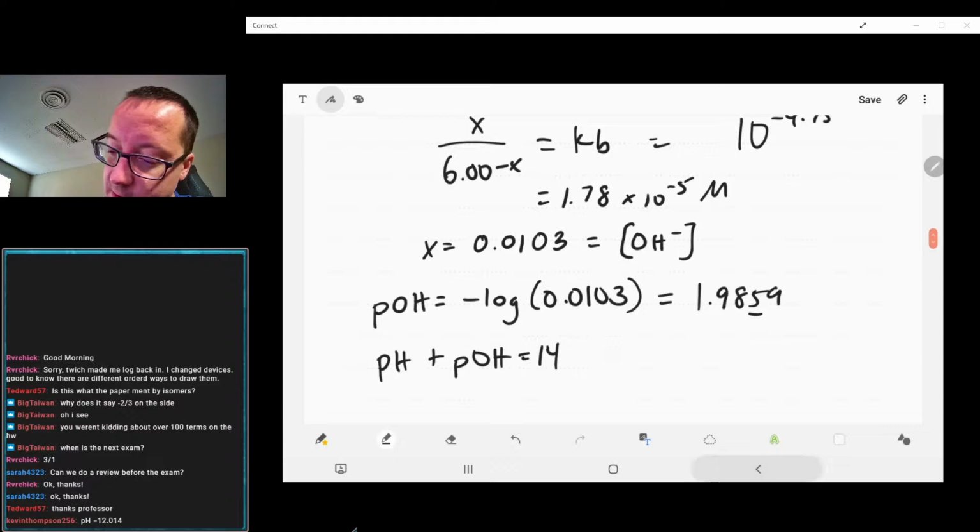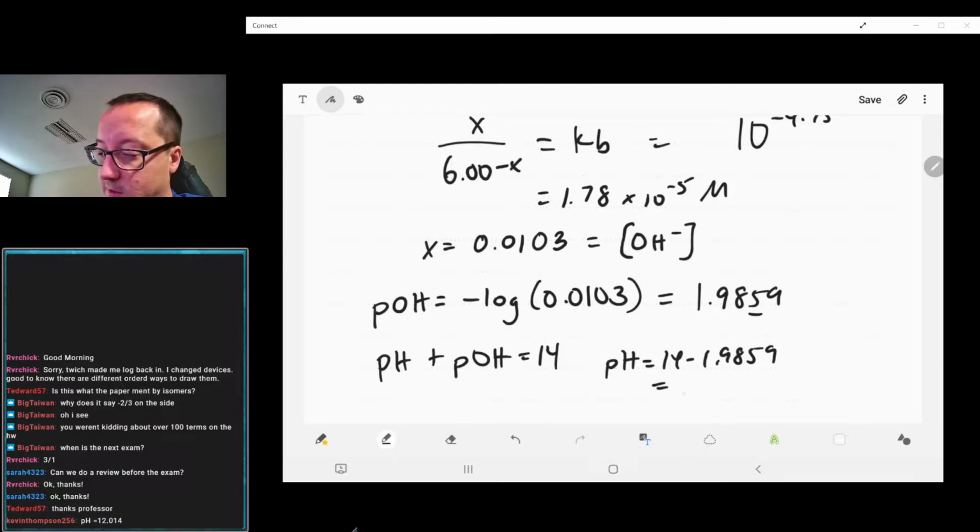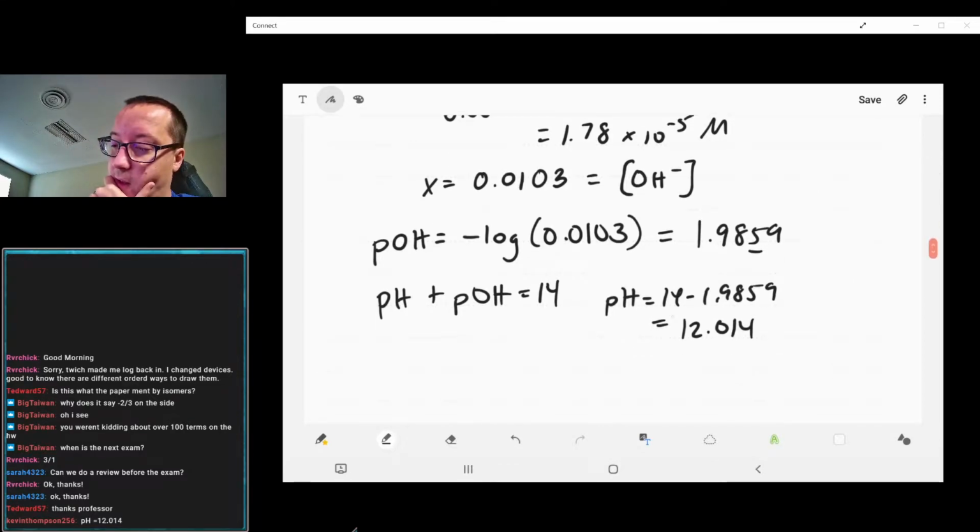And so the pH is going to be 14 minus 1.9859, which Kevin says is 12.014, which looks fine to me, with 3 sig figs, which is nice. And that would be our final answer for this particular problem.